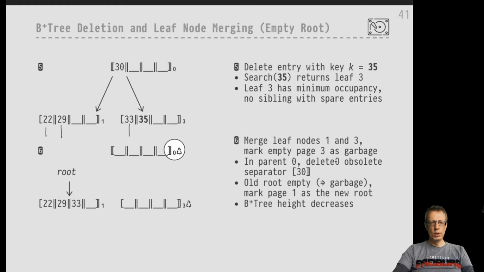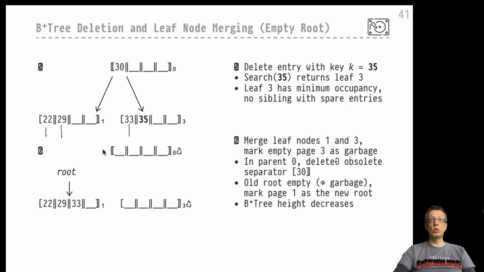This is the case where indeed a new root node has been established inside this B+Tree. This is the new root node. The B+Tree height has indeed decreased by 1, and everything remains balanced as well. So this is the rare case, of course, where the B+Tree indeed shrinks.